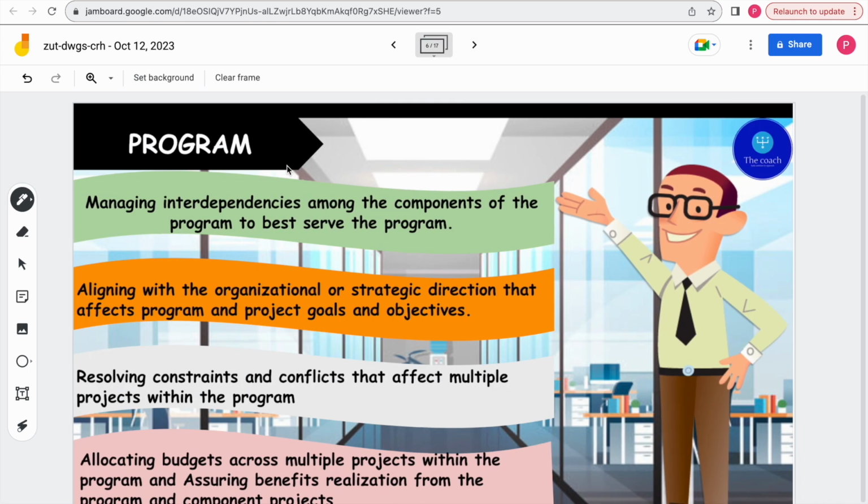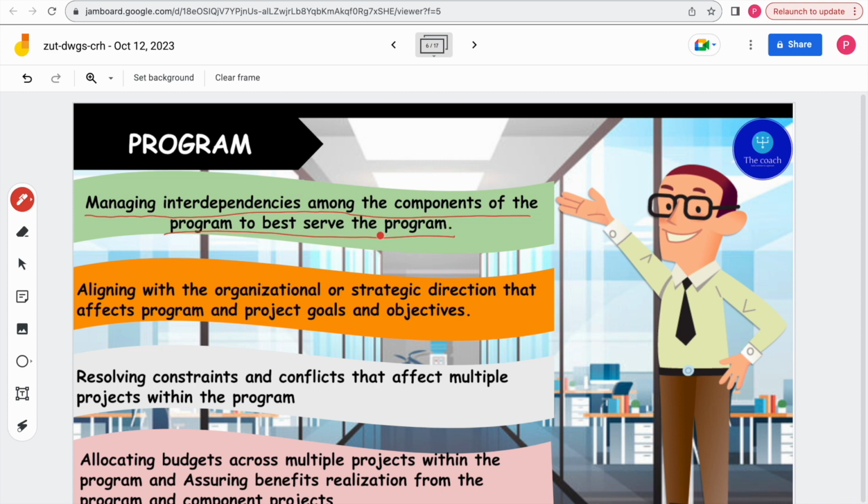After program, now let's understand in detail what is the role of program manager. Like project was managed by project manager, program is managed by program manager. There are a lot of functions which program manager does. The first function is managing interdependencies among the components of program to best serve the program.